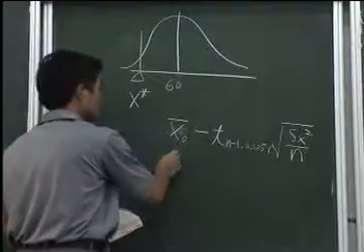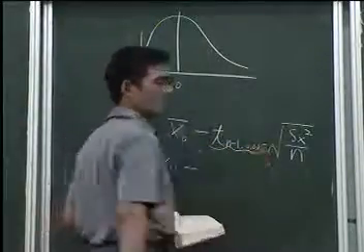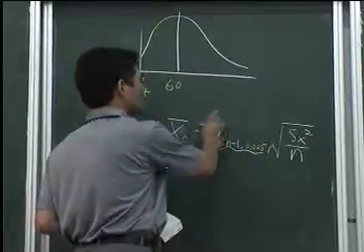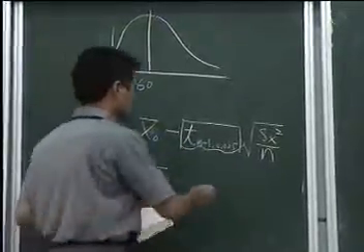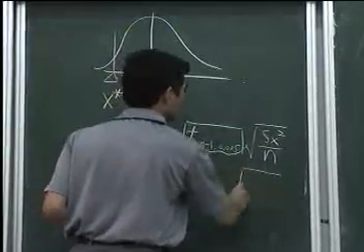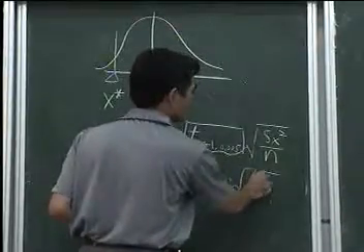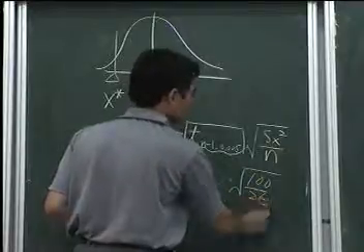So this is 60, minus. Can anyone tell me what this number is? It should be in the book. You want to be able to check the table. And this one will be Sx squared, that will be 100, divided by 26.